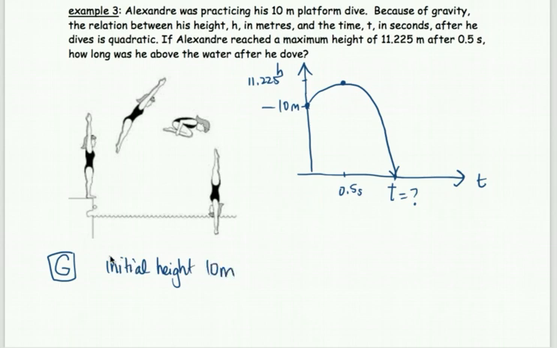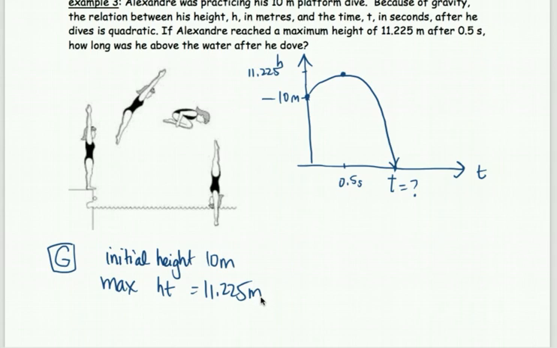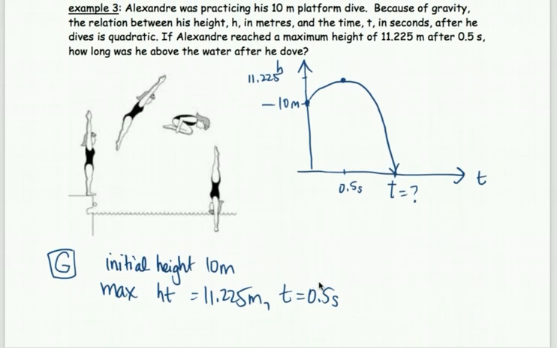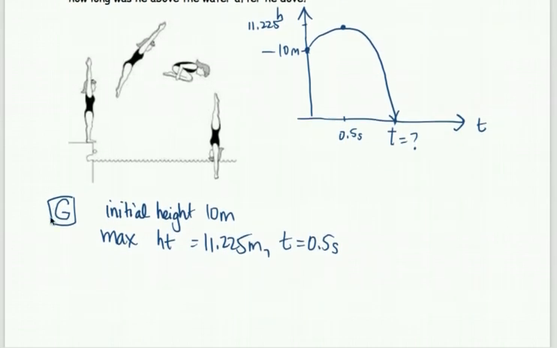Okay, so you know that the max height is at 11.225 meters, and that happens when it's 0.5 seconds since the start of the jump or dive, okay? All right, and then, yeah, that's all you know. You don't know any other information here. So your goal in the end is to find the time when the diver goes into the water.